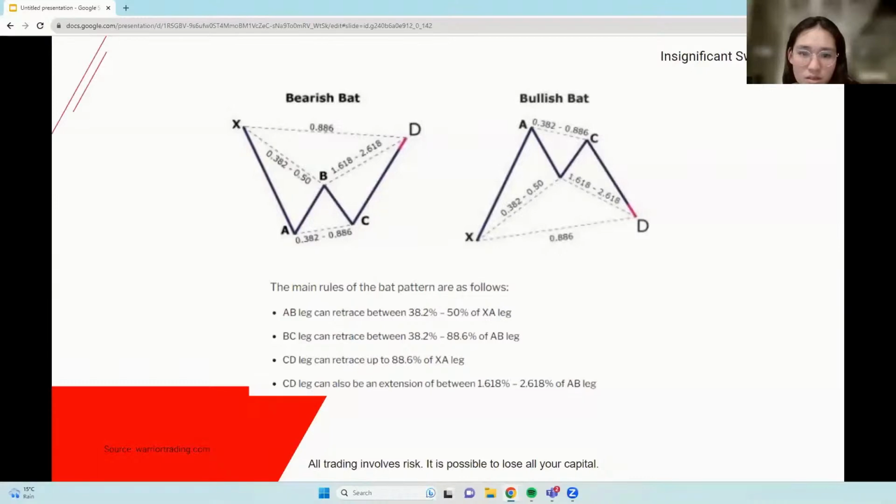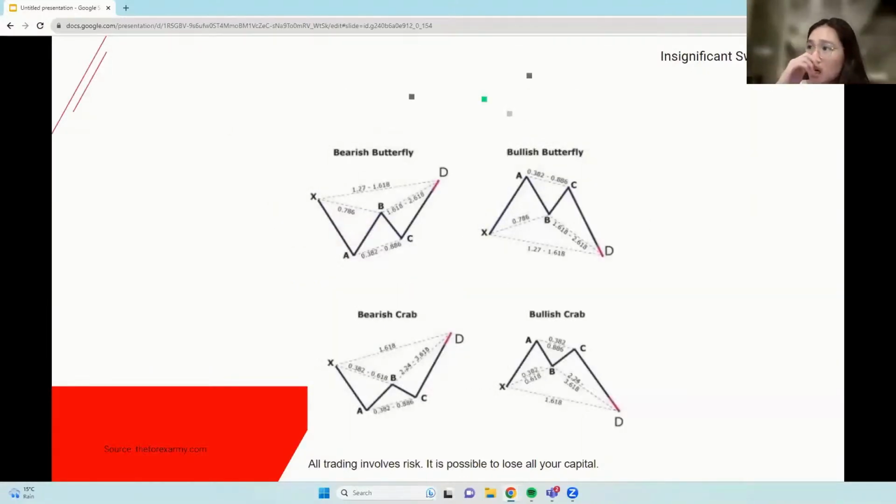And then for our last shapes that I will go through for today, we have the butterfly shape and the crab shape. So let's start off with the butterfly shape first. So we have the 78.6% that the AB has to retrace of the XA.